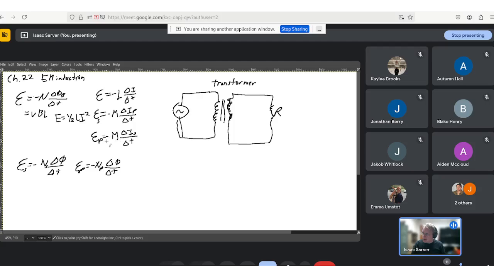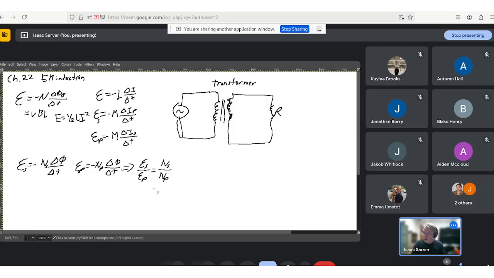The M here is probably going to take into consideration any flux going on here, so it turns out that these are the same. And so you can set this guy equal to that guy, and we can rearrange this. It turns out that the electromotive force in the secondary over electromotive force in the primary is equal to the number of loops in the secondary divided by the number of loops in the primary.